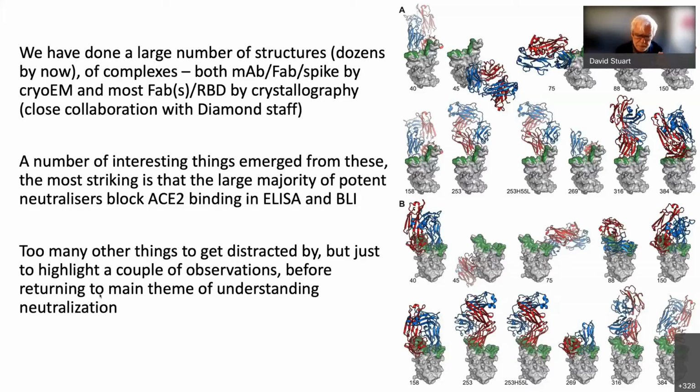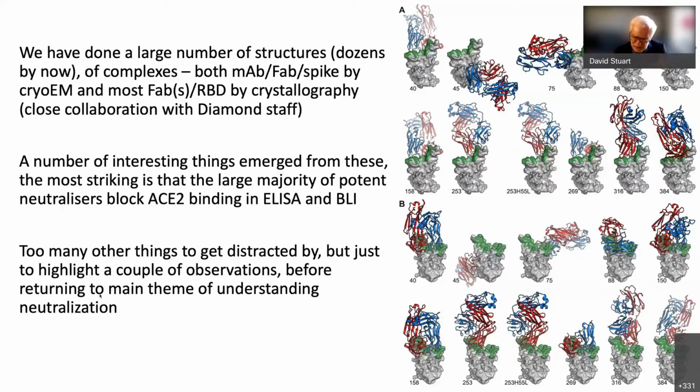So various things came out of all of these structures. Even before we got the structures, one thing was clear, and that was that the large majority of the potent neutralizers block ACE2 binding. And that's true with ELISA assays and also with biolayer interferometry biophysical assays.